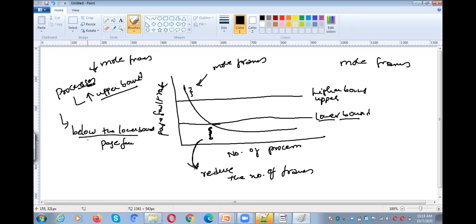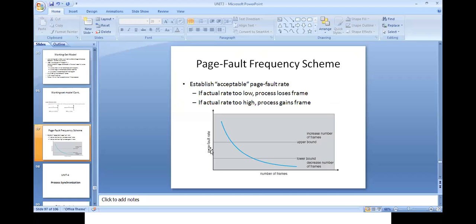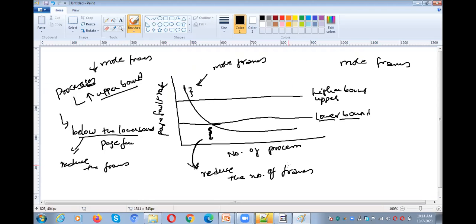The processes below the lower bound, we need to reduce the frames. That is the thing. If the page fault rate is more for a particular process, you need to give more frames. Did you get my point?